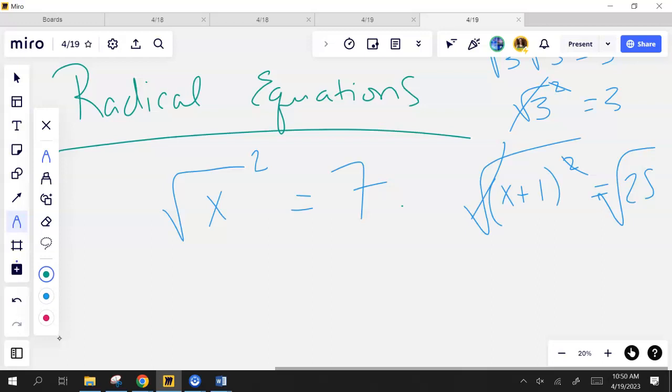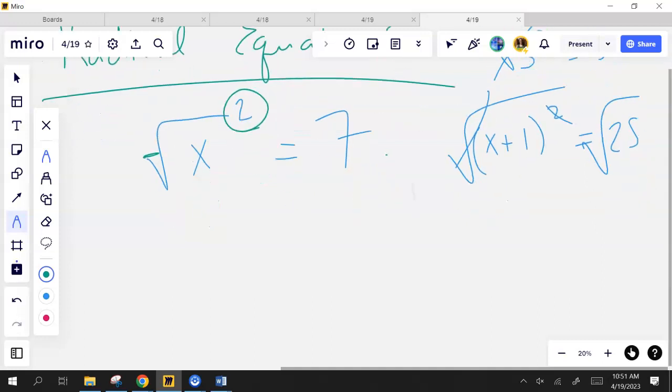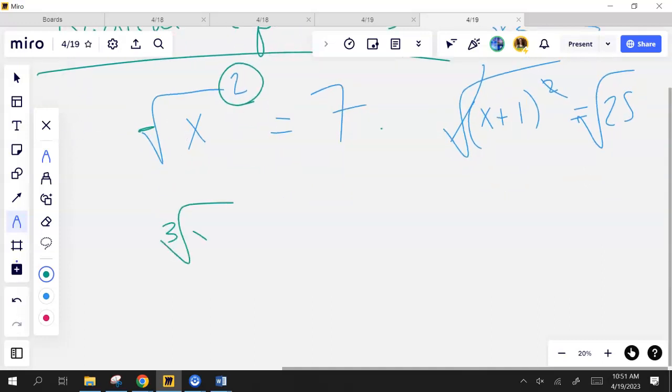I don't want to do just a 1/2, because 1/2 is rewriting it. What I want to do instead is raise it to whatever this root is, and that exponent will cancel it out. So if this was the third root of x equals 7, how would I solve that for x? Raise it to the third power.